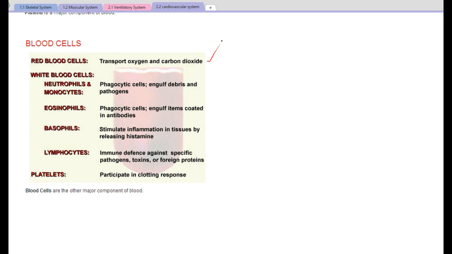Our white blood cells, as you will be able to see through all of this, look to fight off infection, improve our immunity, protect our body from disease. Our platelets are the major part of the clotting process. So if we cut ourselves, then the platelets help a clot form a barrier for protection.